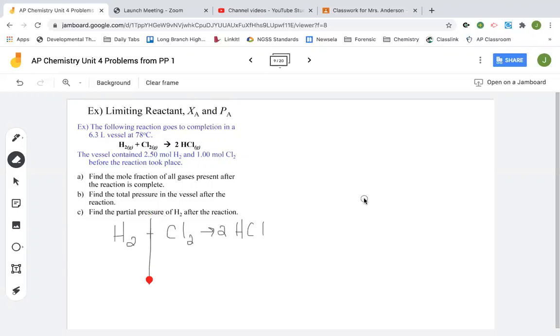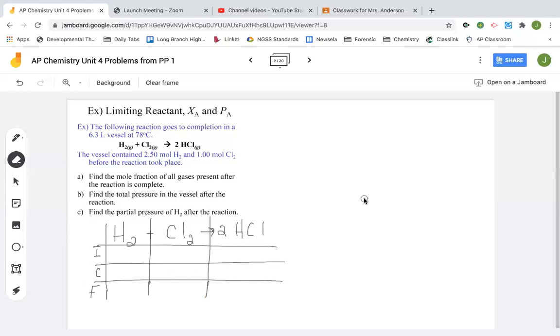We can set up the chart from here, and in our first row, we're going to have our initial values. In our second row, we're going to have the change. And then our third row is going to be our end result.